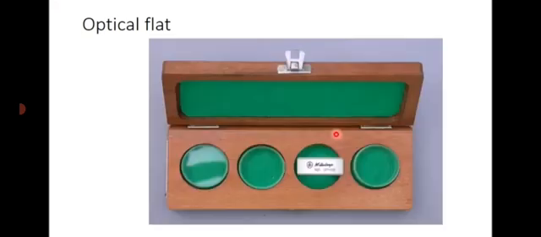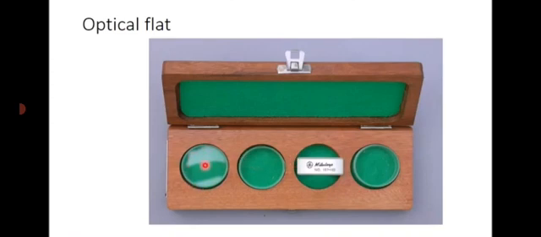Phenomenon of interference was explained in my previous video. The interference effects are associated with thin transparent films. Examples are soap bubbles, oil films on water, and optical flats. An optical flat is a disc of high quality glass or quartz like this.